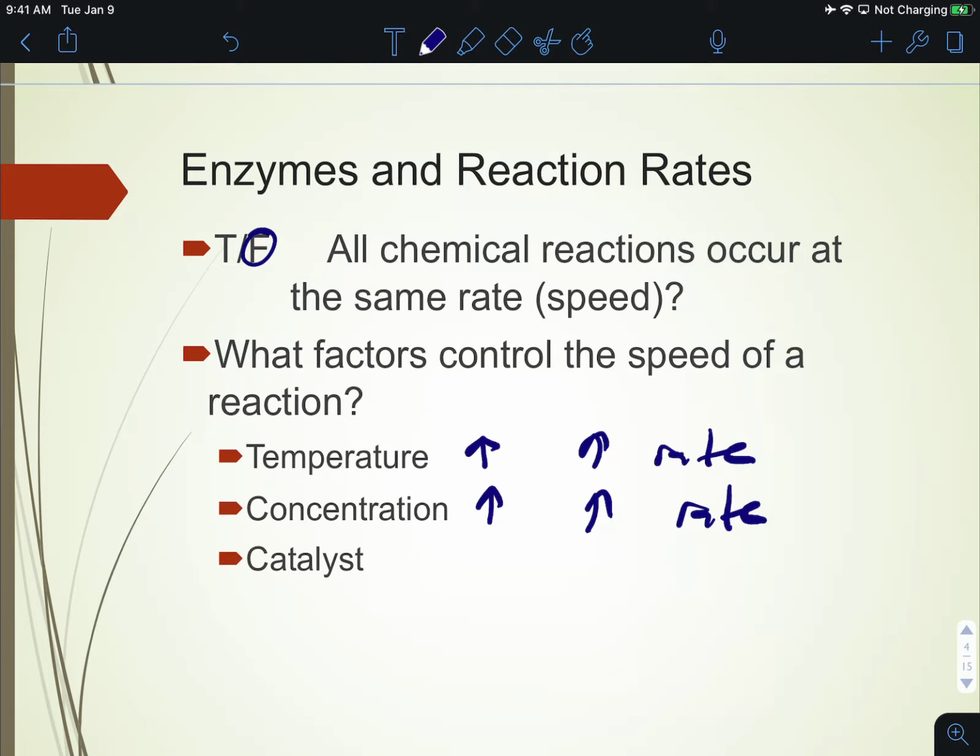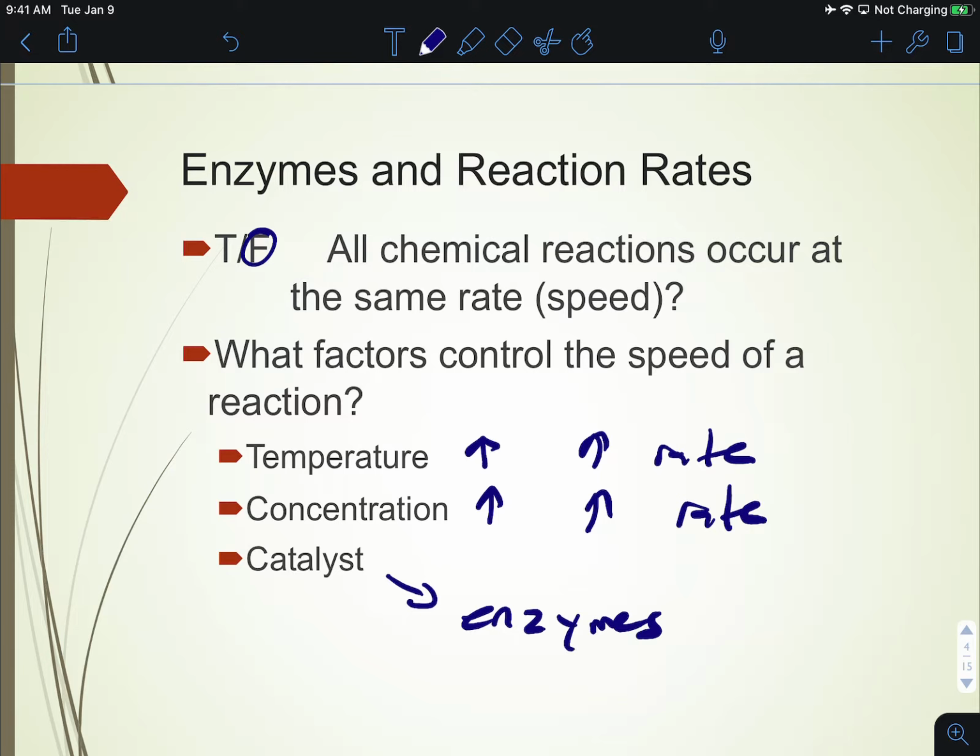Now, a catalyst is a species you add that speeds up a chemical reaction. And enzymes are examples of biological catalysts that catalyze most reactions in your body. And the key to a catalyst, too, is it can speed up a reaction, but it's not consumed. It basically leaves and then speeds up another reaction. So that's really important. And that happens in your body to a great extent.